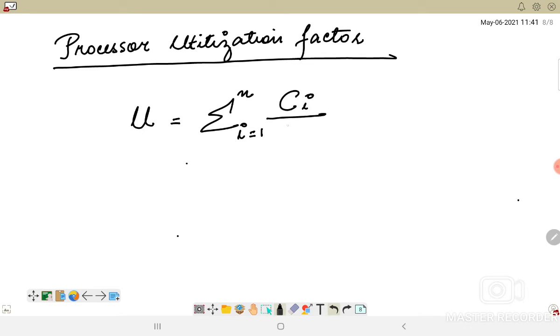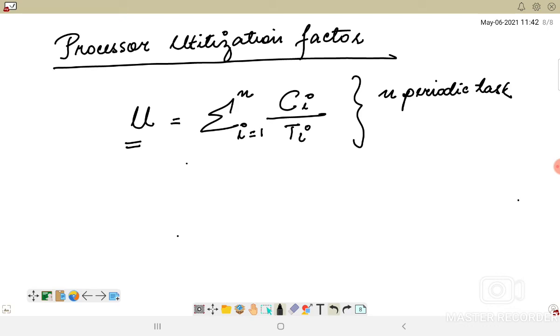So if we have n periodic tasks, U is the fraction of time spent for the execution of the task set.